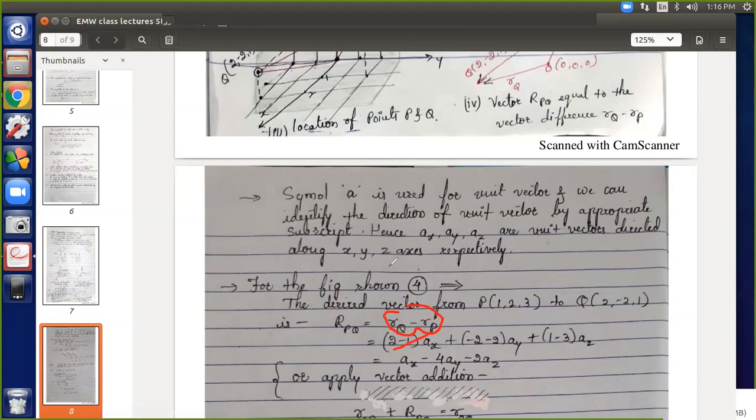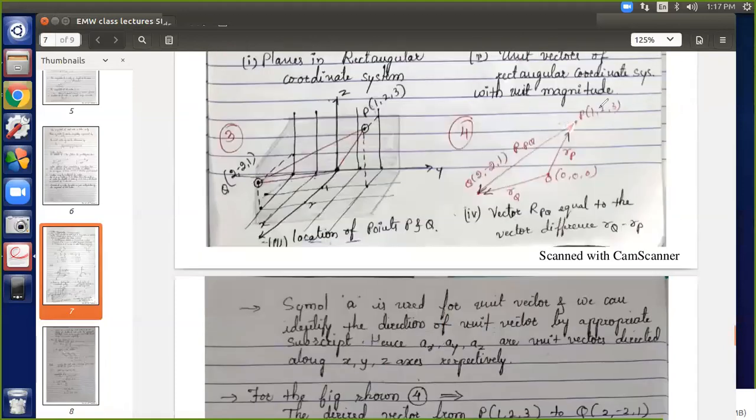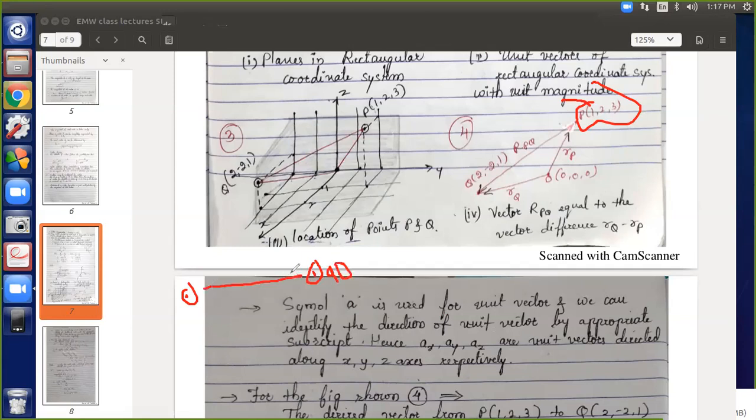Here, directly you can see the points P and Q. From Q to P, distance. See, when we start at 0 point and reach something, say 90 point, I'm just giving you one example: starting from your home, when you reach the college, how do you find the distance traveled? 90 minus 0.